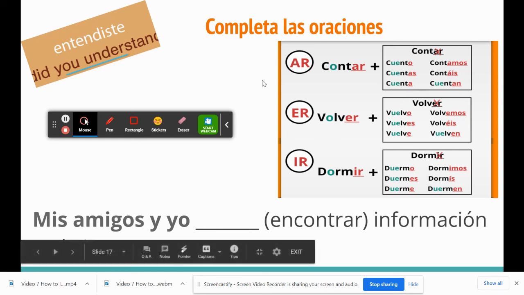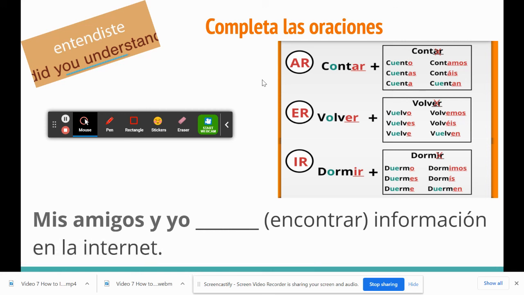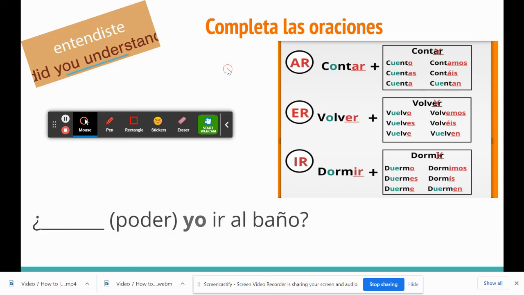Okay, número 1. Mis amigos y yo, blank, encontrar información en la internet. Escribe tu respuesta, por favor. Dos.